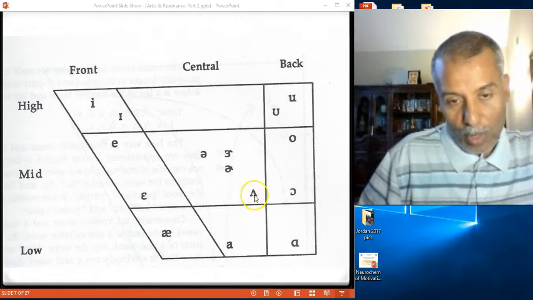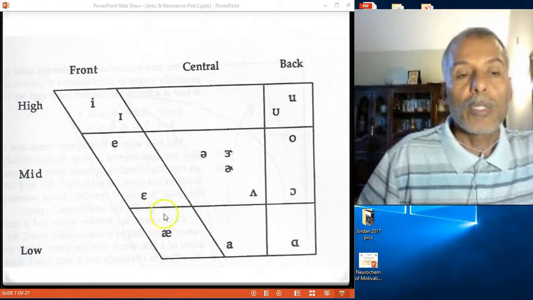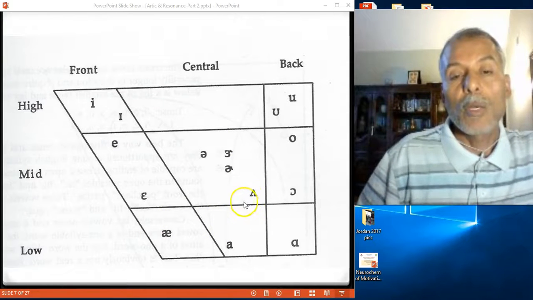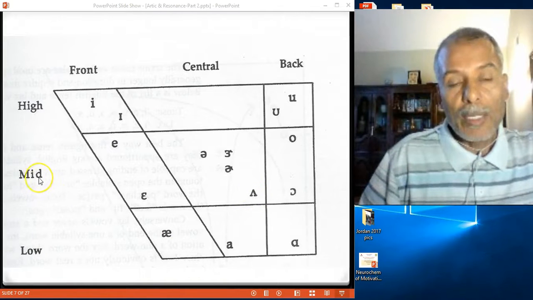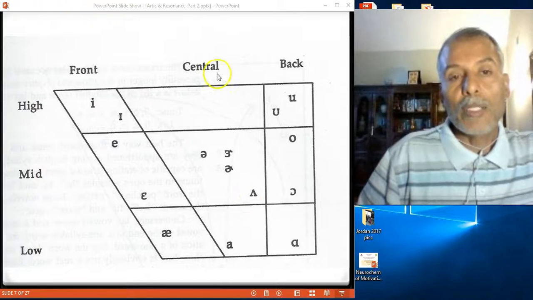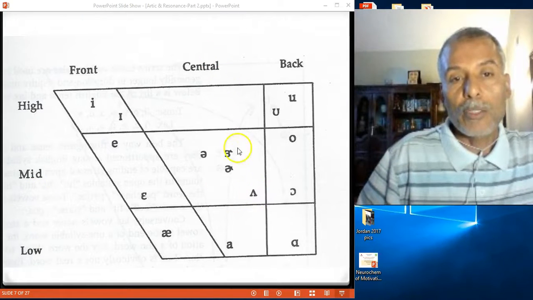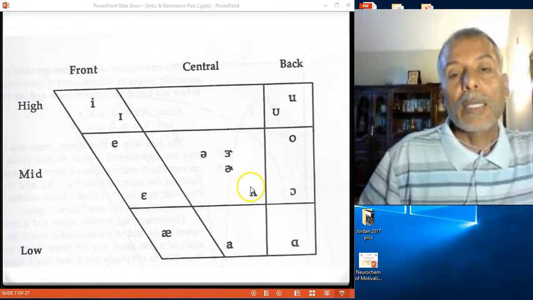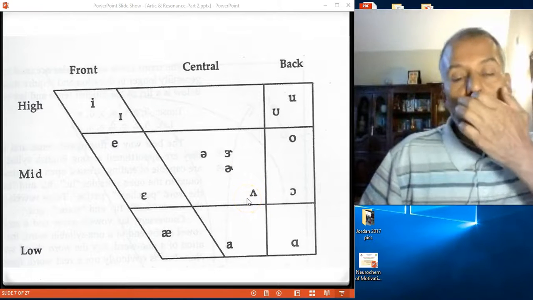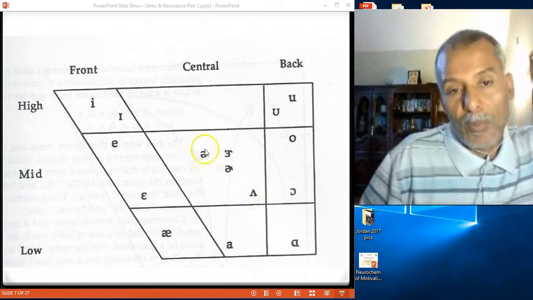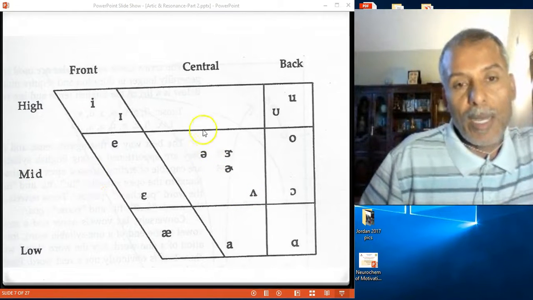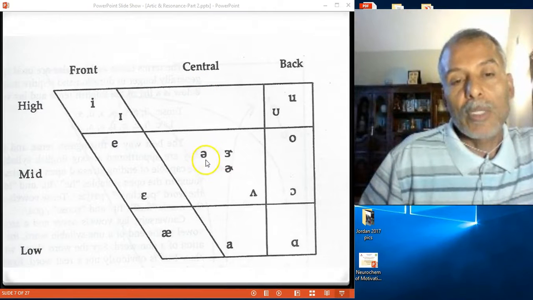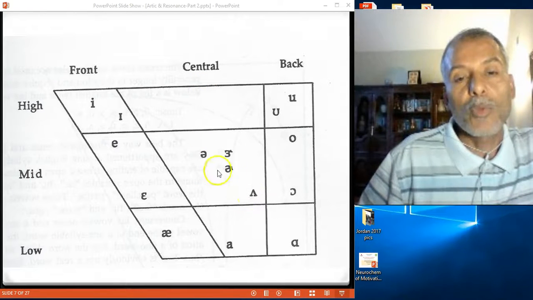You could see it is lower, and in some research they actually put it in the low row, but it is here for most speakers. So we say it's mid-low central, lax, unrounded. You could describe the schwa as mid-high central, unrounded, lax, just to differentiate between them.